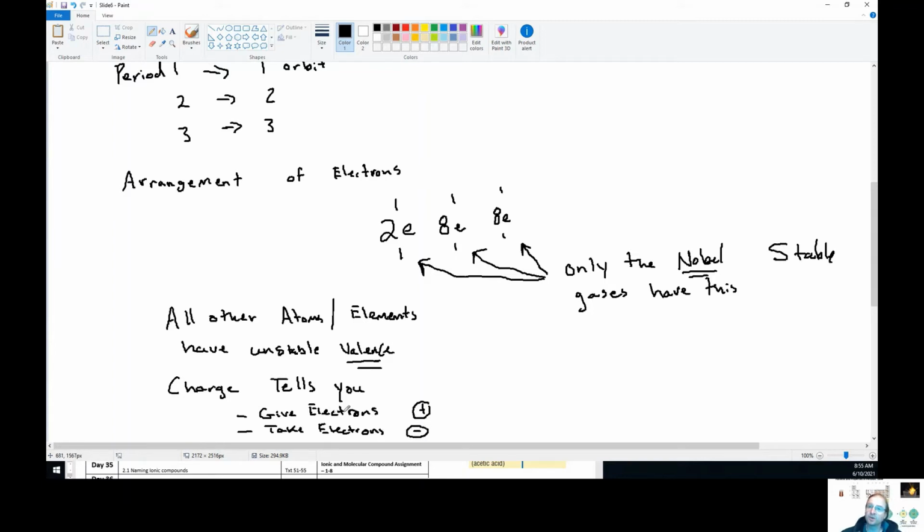And of course, which ones have the positive charge? And you can see that on your periodic table. The ones with the positive charge are your metals. The ones with the negative charge are the non-metals.